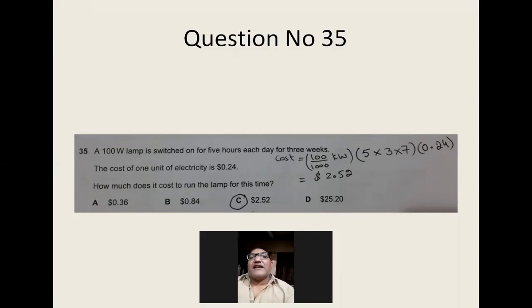For that purpose, I have divided the watts by 1,000, and 5 hours each day, and 3 weeks, and in each week we have 7 days. And the cost of 1 unit of electricity is 0.24. So just do this calculation on your calculator. Your answer will be 2.52. So the bill will be $2.52. Hopefully you have understood. In this formula, the power must be in kilowatts.